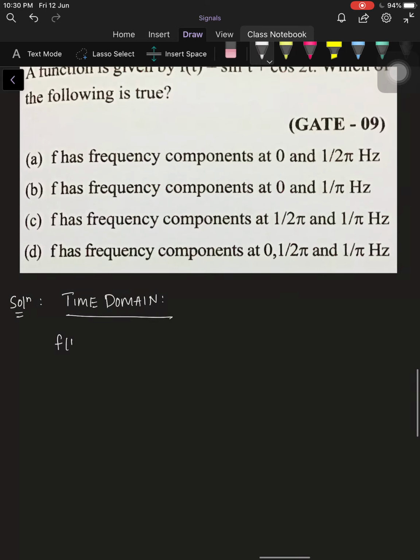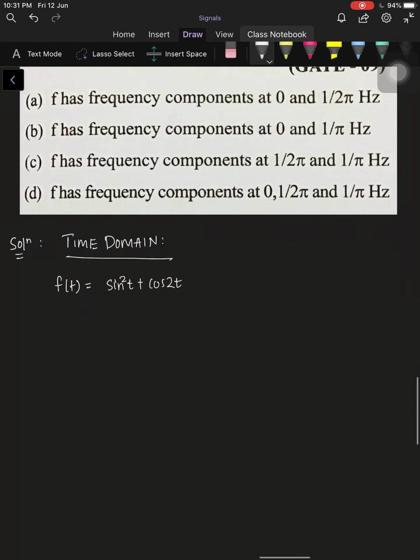So given f of t is sine square of t plus cos 2t. We know that sine square of t is (1 minus cos 2t) by 2, plus cos 2t. So this gives us 1 by 2 plus 1 by 2 cos 2t.